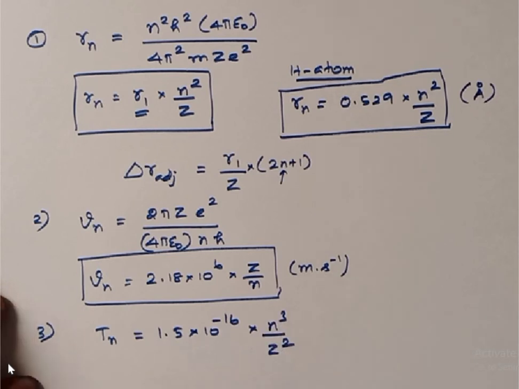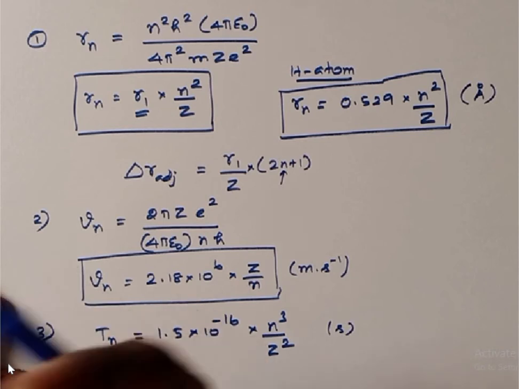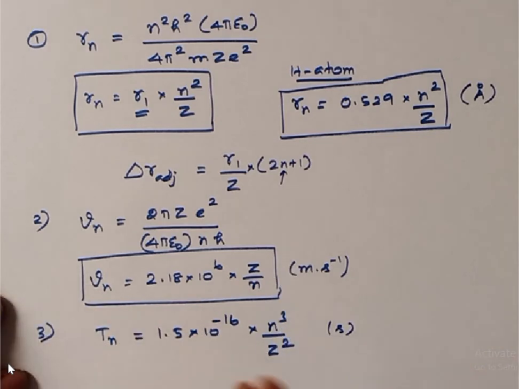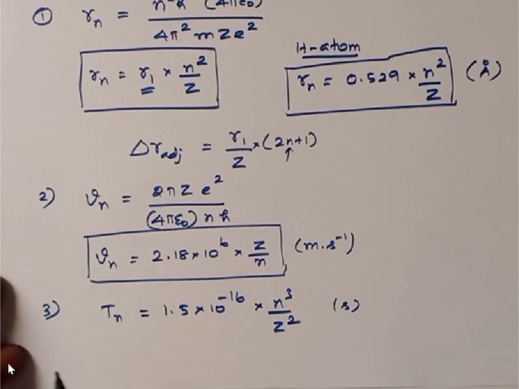Using this formula, you'll get the answer in seconds. You can calculate the time period of revolution, that is, the time the electron takes to complete one revolution.